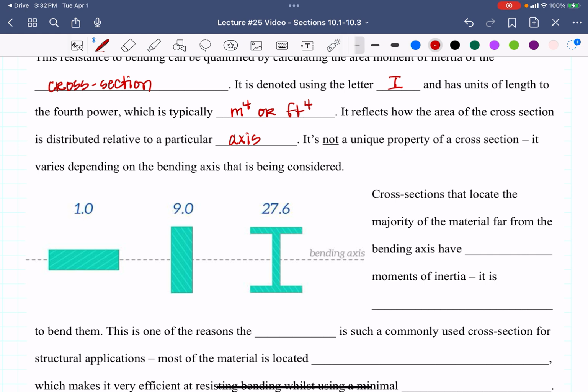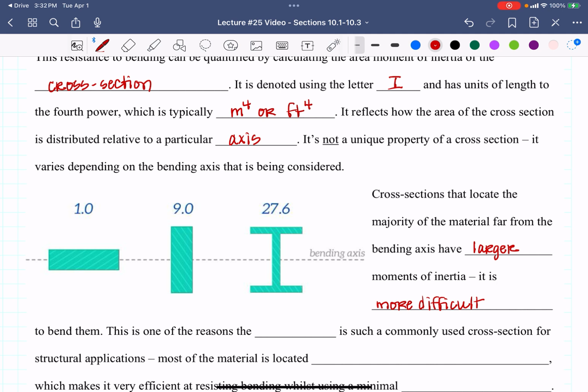Cross sections that locate the majority of the material far from the bending axis have larger moments of inertia, which you can see the moments of inertia are listed above them. So it is more difficult to bend them. So the higher the number, the more difficult it is to deform or bend them.